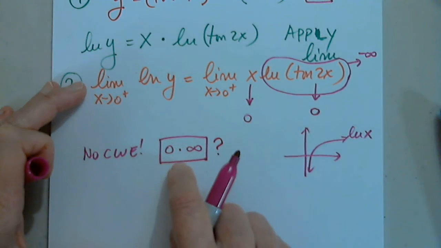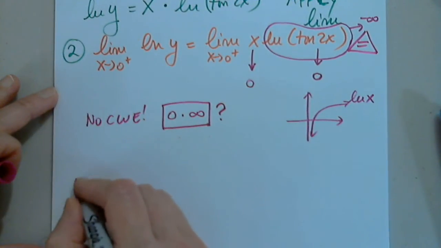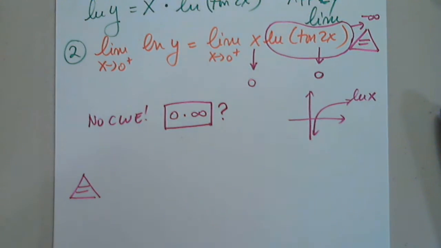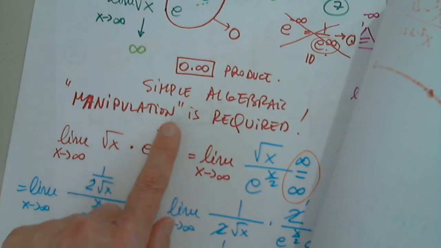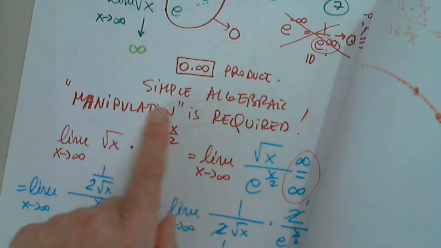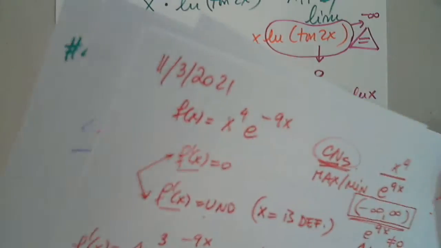How do we address this in general? What method do we try to apply here? Oh, the manipulation. So I need to do something to this, something legitimate, obviously.